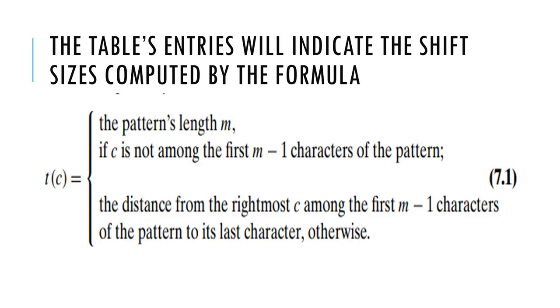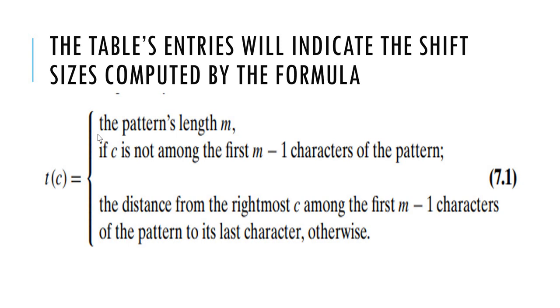So this is how we calculate the shift sizes for the shift table. If you take a table, we are going to create a table. For the pattern element, how will you find out the shift size? It is being indicated here.